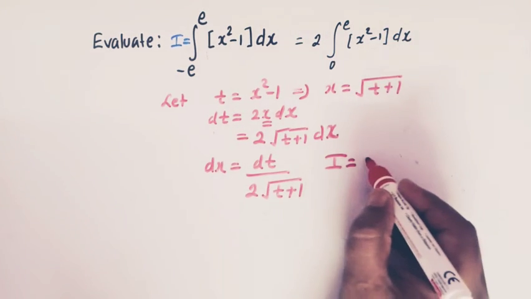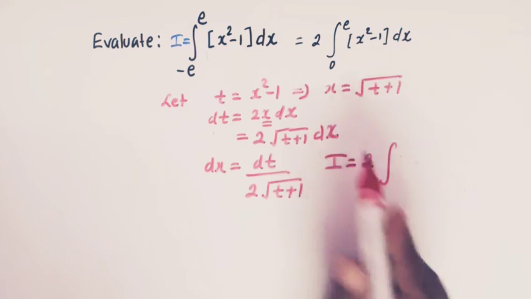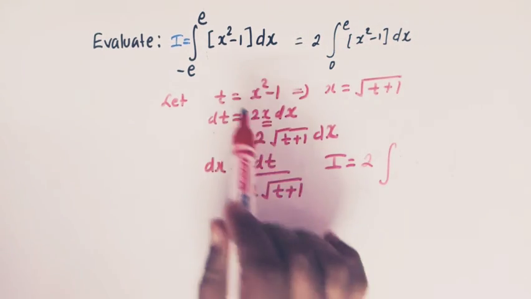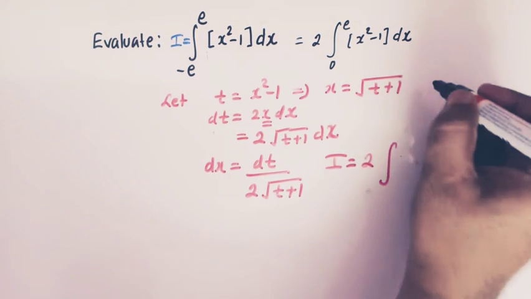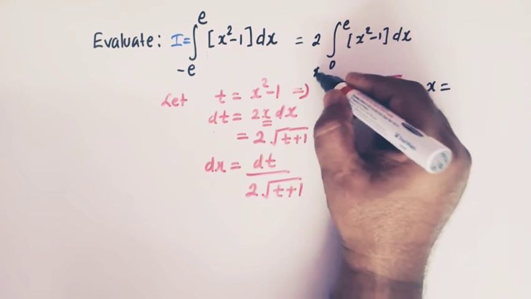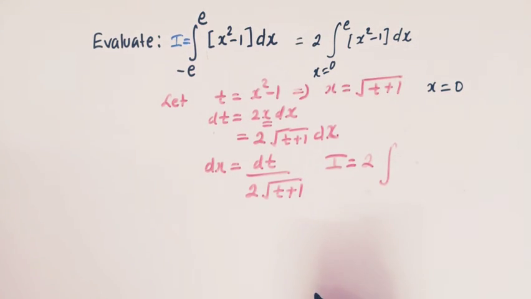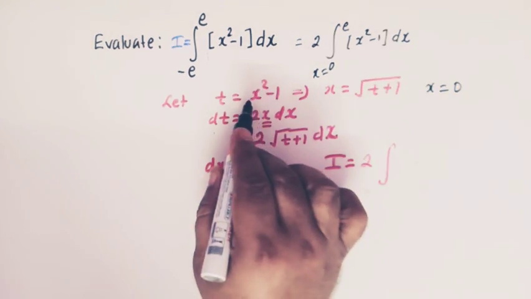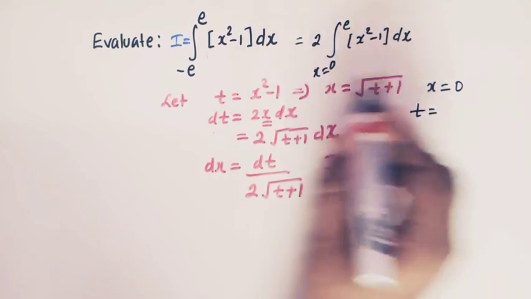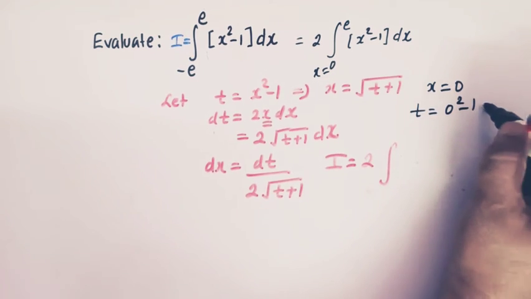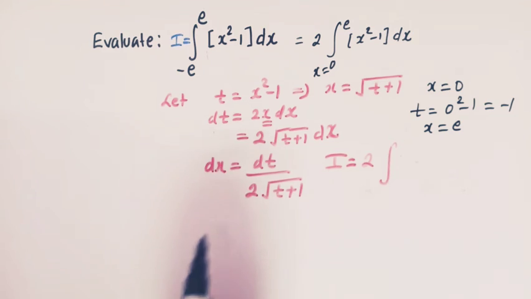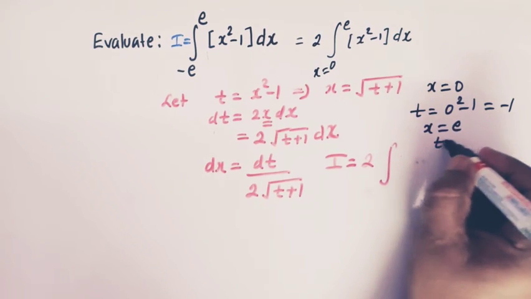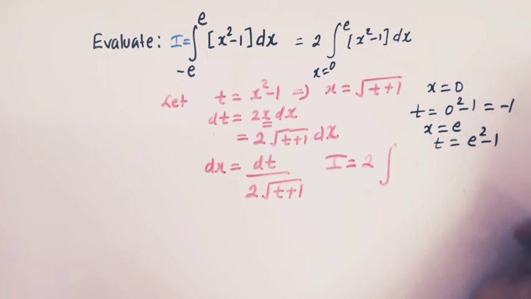So now we can write 2 times the integral from 0 to e, and we also change the limits accordingly. When x is equal to 0, the value of t is 0 square minus 1, so this is minus 1, and when x is equal to e, t is equal to e square minus 1.